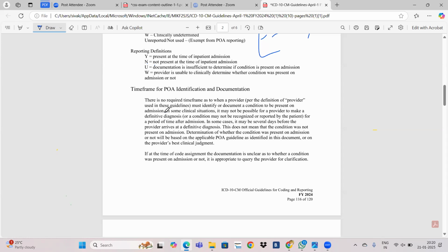No time frame, unlimited, depending on the options. Among the options, they will give some days like 15 days, 20 days, within 24 hours like that. One option they will give is no time frame or unlimited time. You need to select no time frame or unlimited.